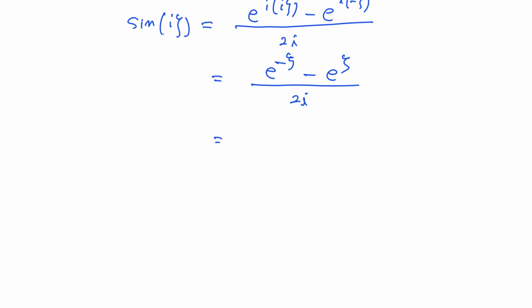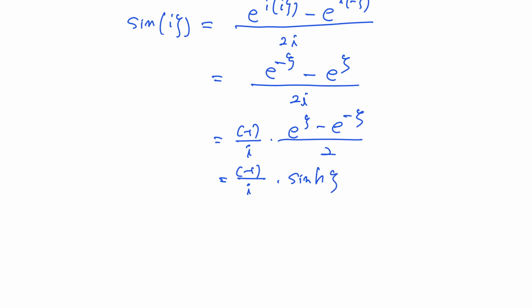So this becomes i over minus 1 times 2, times exponential zeta minus exponential minus zeta, which is i times minus 1 times sine hyperbolic zeta, right?